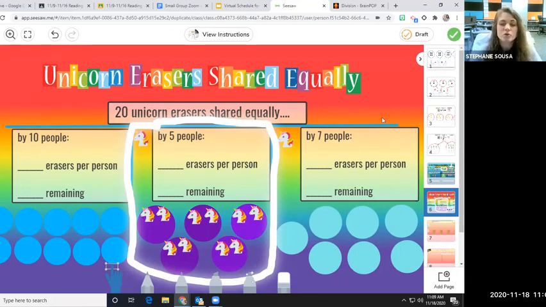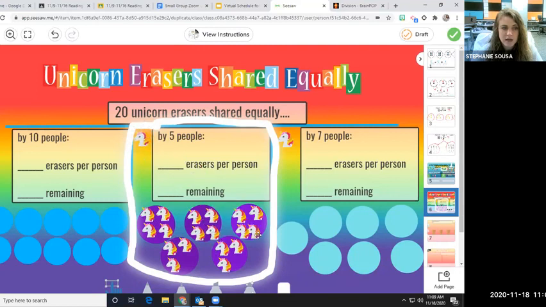I need to get to 20. 11, 12, 13, 14, 15. I'm at 15. I need to get to 20. 16, 17, 18, 19, 20. Hey, look, all my erasers are gone.